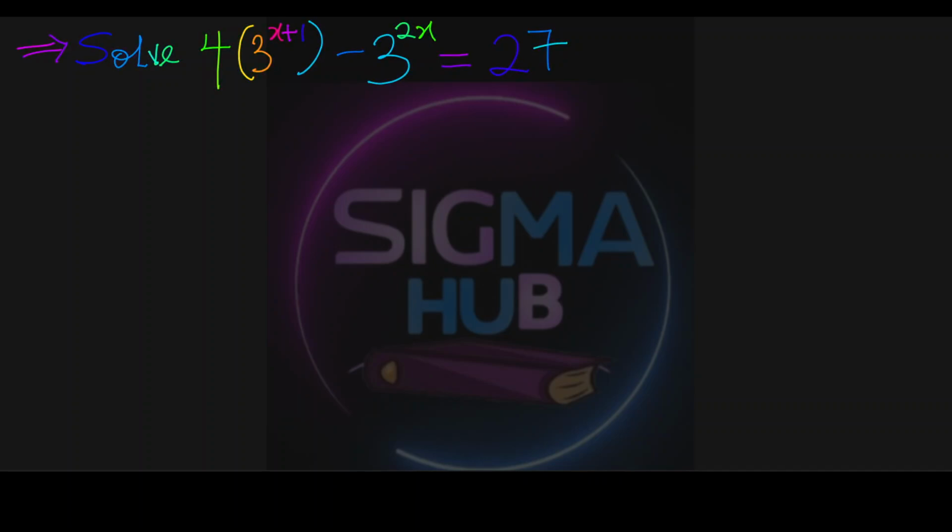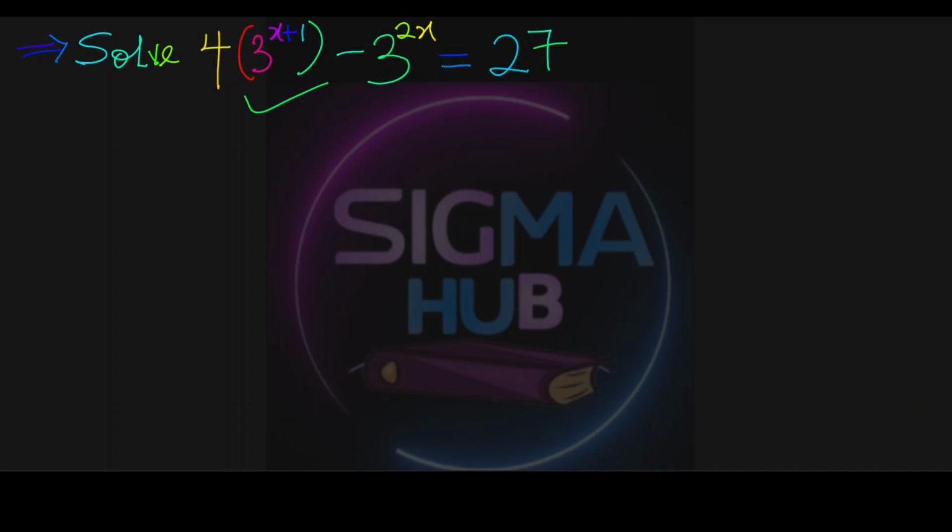Now when you see exponential equations like this, you need to take note of certain things. In the first term, after 4 we have 3 raised to the power of x plus 1. When you have stuff like this, all you need to do is split.